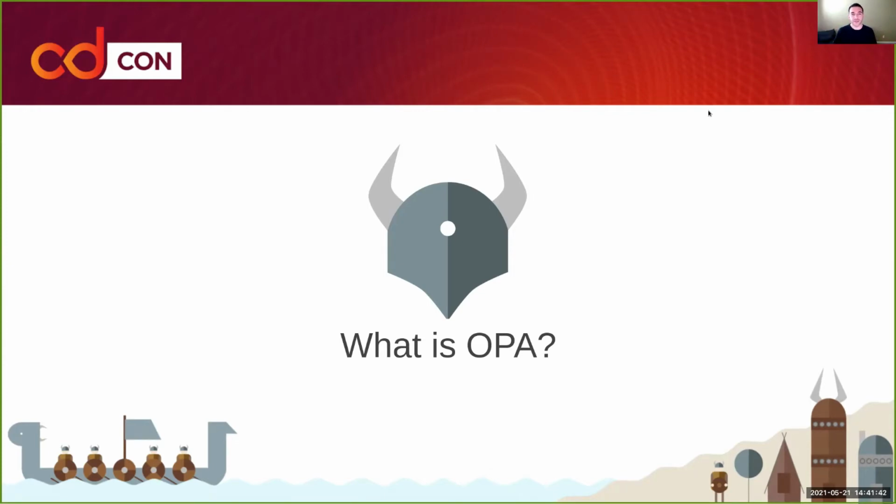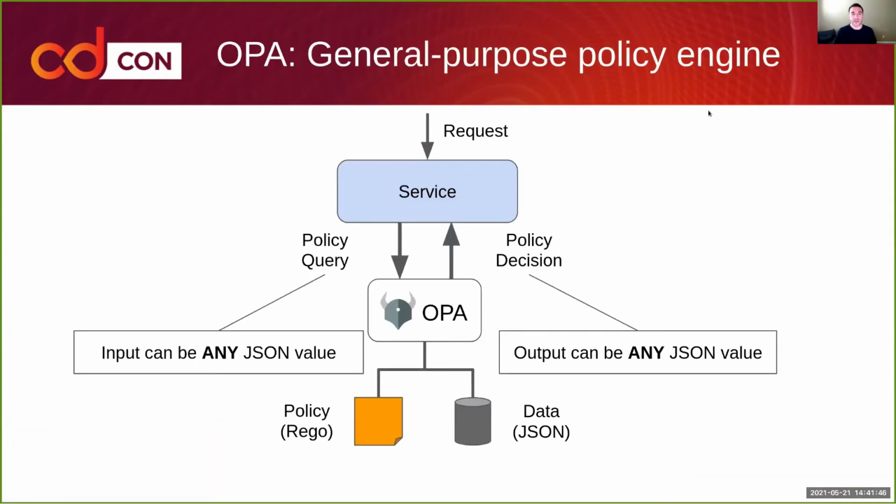To understand this a little further, let's take a look at this diagram. Let's say you have an application service running somewhere. This can be any application service running in any system, whether that's inside of a cluster such as Kubernetes or outside. At the top, we have a request that comes into the service. From there, the service needs to evaluate some policy that it needs to enforce.